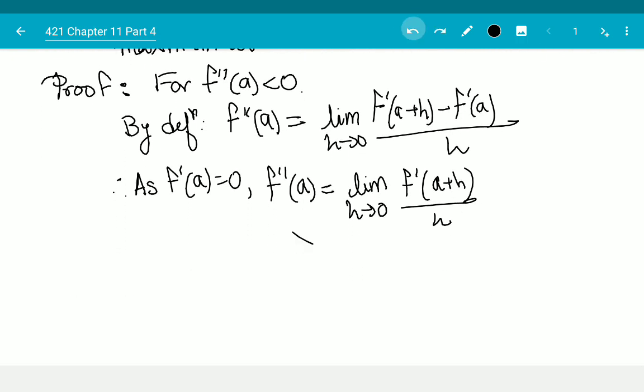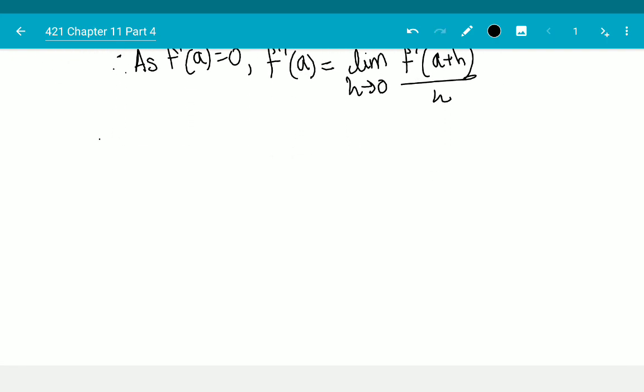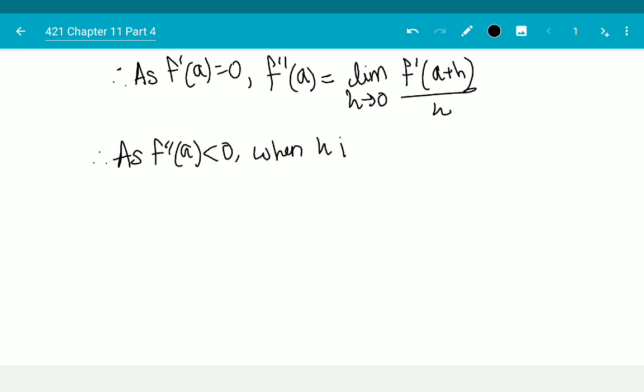So this means, therefore, as f double prime of a is smaller than 0, when h is negative, f prime of a plus h is positive.